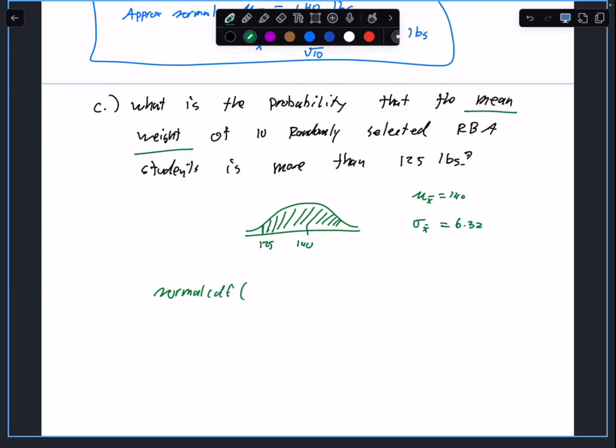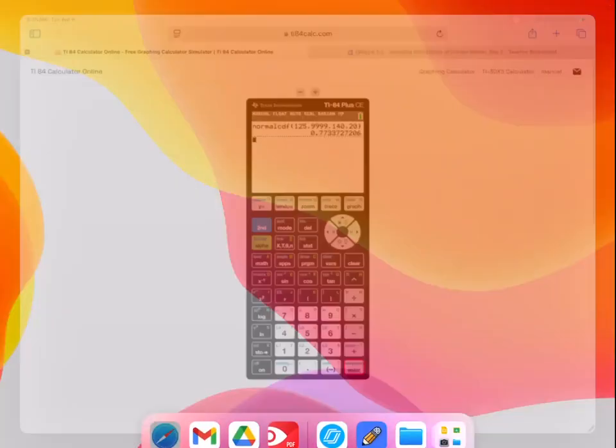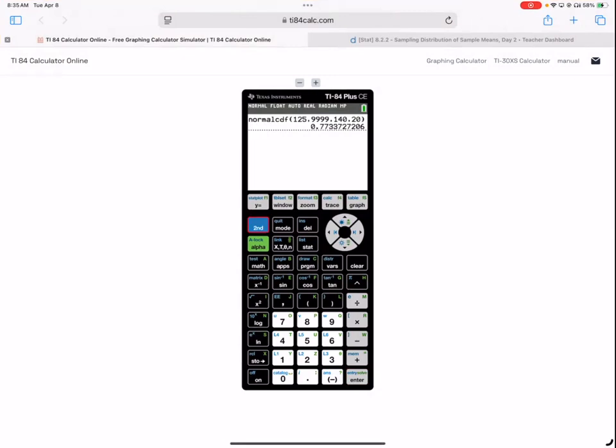Normal CDF, 125, 9999, 140. But the only thing that changes is the standard deviation, because now it's the standard deviation of the sampling distribution, the mean weight's standard deviation, not the weight's. If I plug that into my calculator, second enter, the only thing that changes is the standard deviation, 6.32, enter.